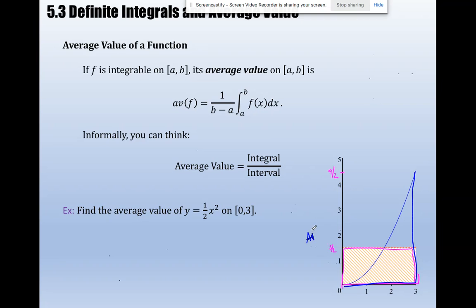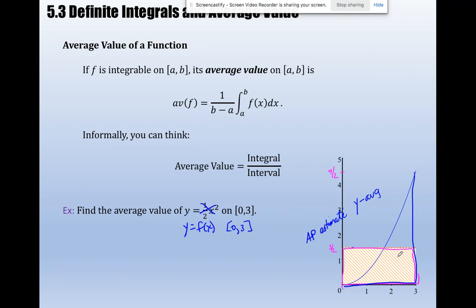AP could ask you to estimate the y average by drawing this height. So you have to eyeball where to draw that height. Don't draw it too high, don't draw it too low. Now, I was able to compute this, but what if I had just said y was equal to f of x on 0 to 3, and didn't tell you what that was?